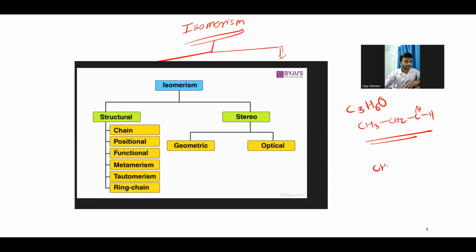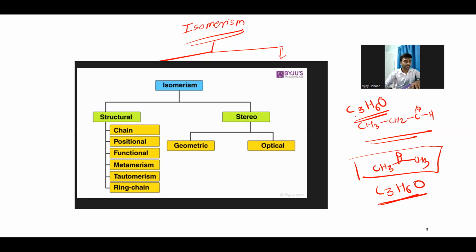With the same, this structure has the same carbons, C3, H6 and O. So C3H6O, C3H6O, both have the same number of carbons, hydrogen, and oxygen. But you can see it's an aldehyde and this is a ketone. So these are functional group isomerism.